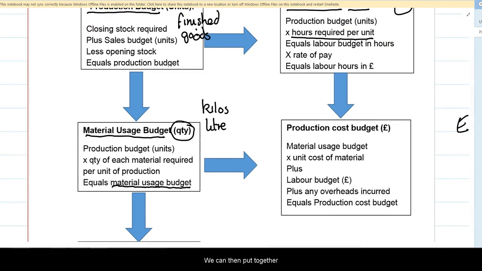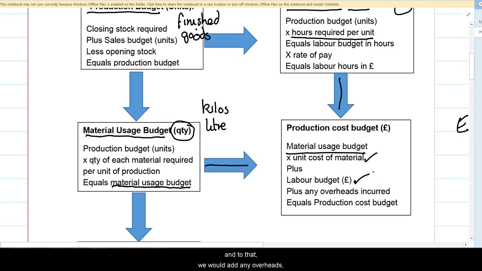We can then put together a production cost budget. This will take the material usage budget in kilos from here, multiplied by the cost of materials. And then we also include the labour budget from previously calculated, and to that we would add any overheads, possibly using an overhead absorption rate.